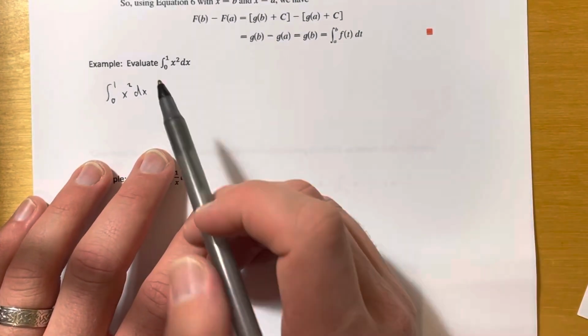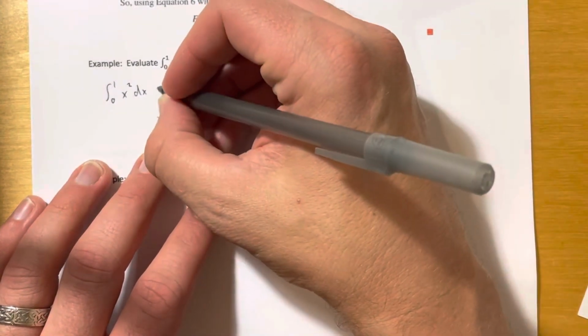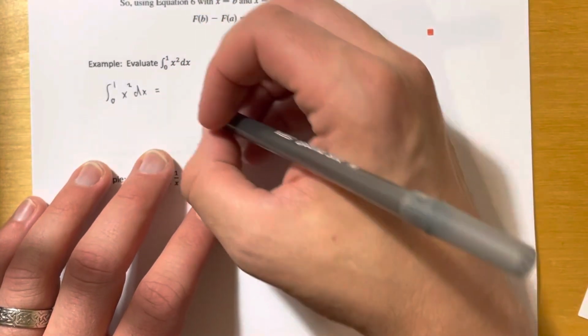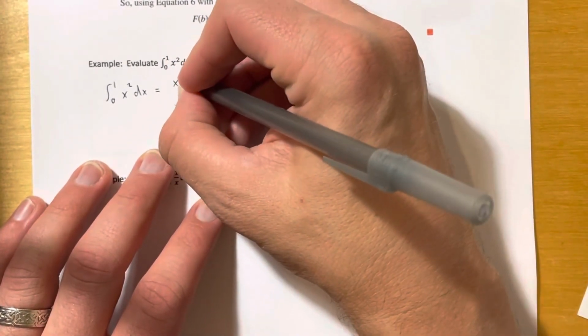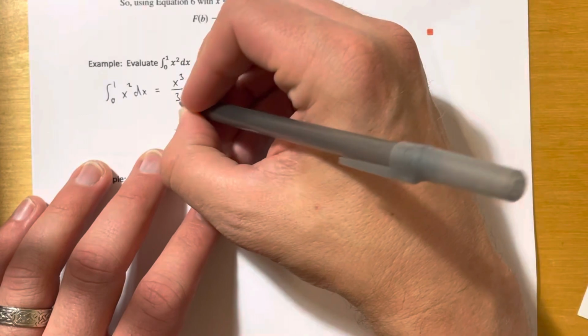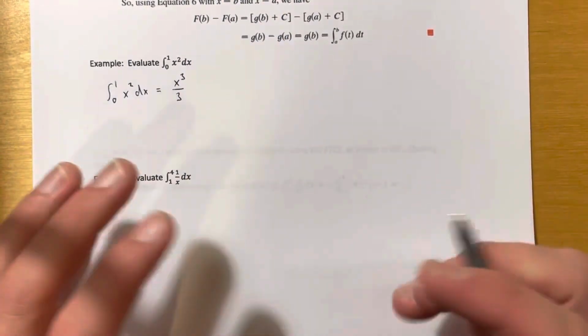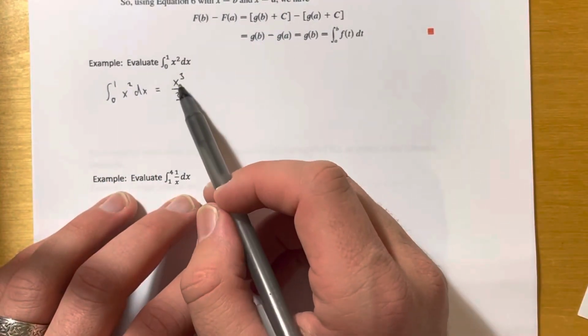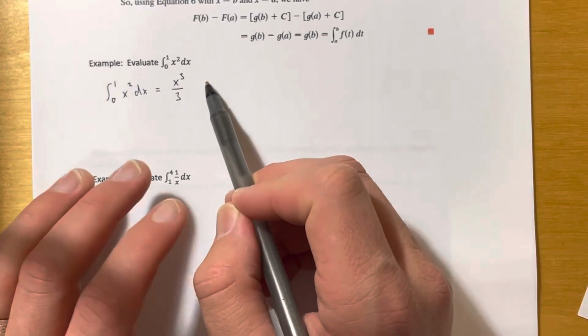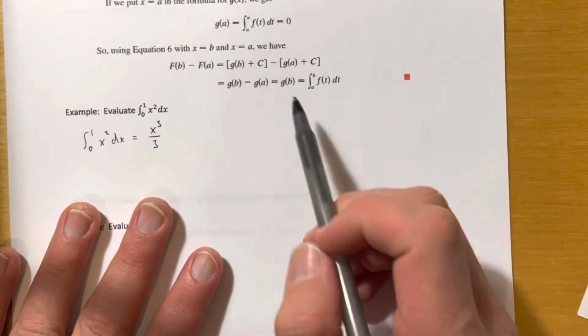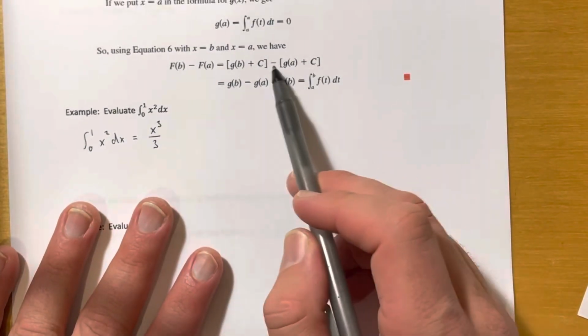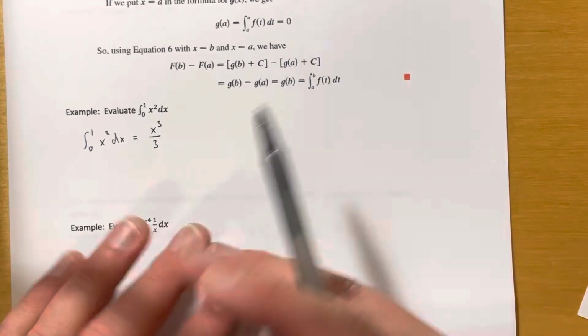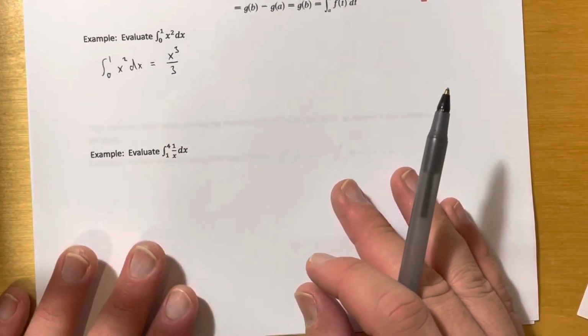So this thing has several antiderivatives, but I'm going to choose the simplest one, x cubed over 3. Any other antiderivative would look like x cubed over 3 plus some constant. But we showed here that the constant, if I did include it, is going to cancel out anyway, so we may as well just leave it off.